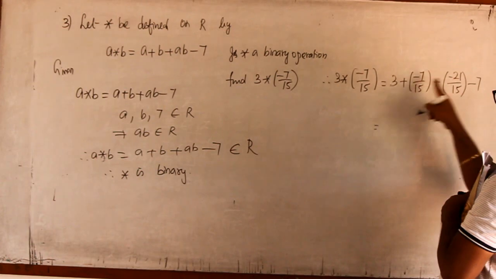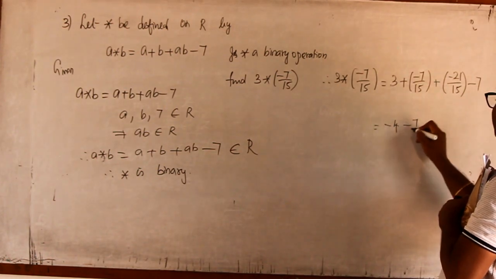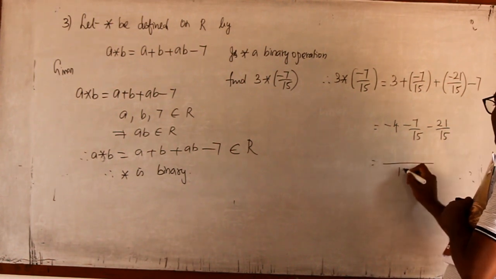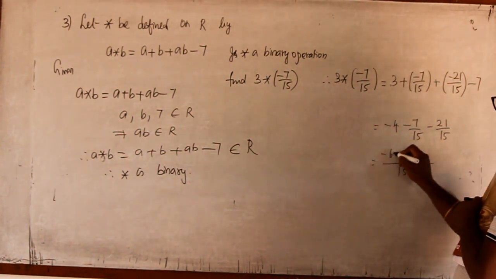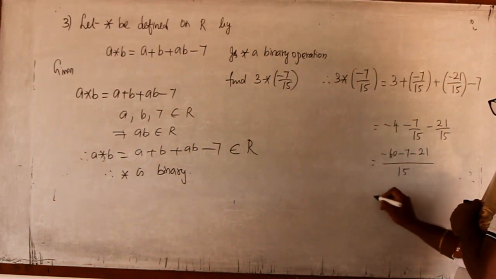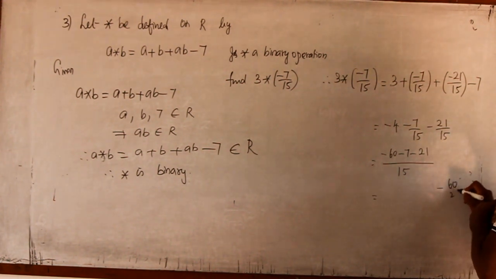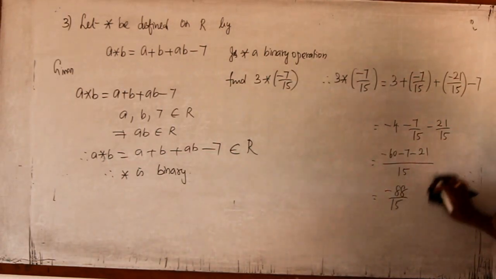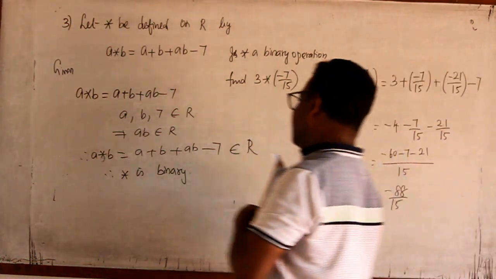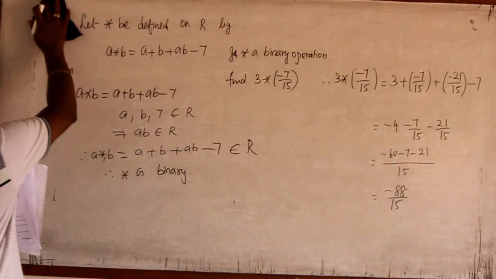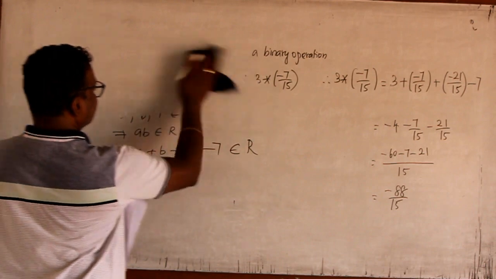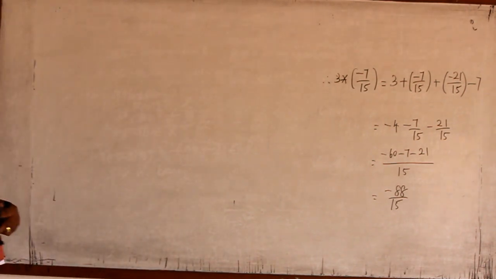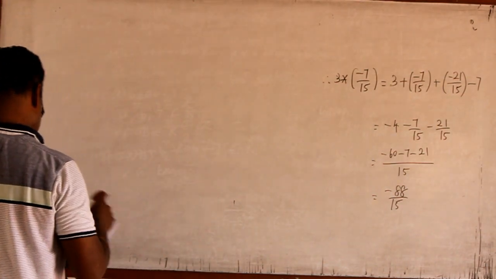Now, 3 minus 7 is minus 4, minus 7 by 15, minus 21 by 15. Let me keep 15 as LCM: minus 60, minus 7, minus 21, minus 60, 28, minus 88 by 15, which is a real number. Given the fraction, but it is a real number. Therefore, this is the answer. With that, the third problem is over. So we have to check whether it is a binary operation, and then find the operation for these two numbers.